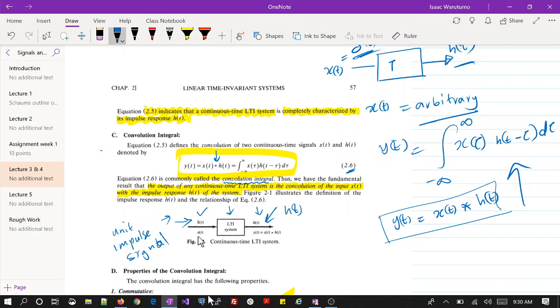And when we have an arbitrary signal x of t, the output will be the convolution of x of t with h of t, as you can see in that equation right there.